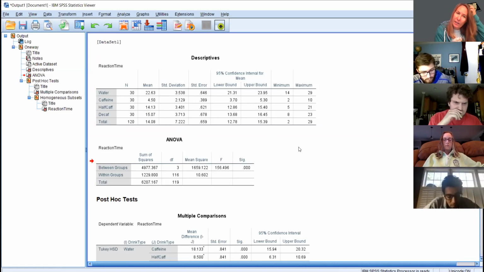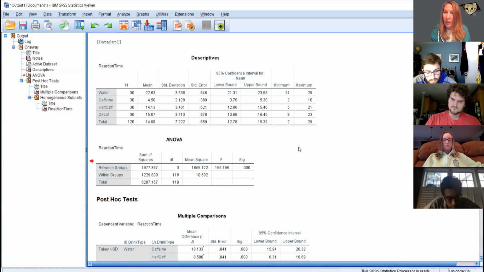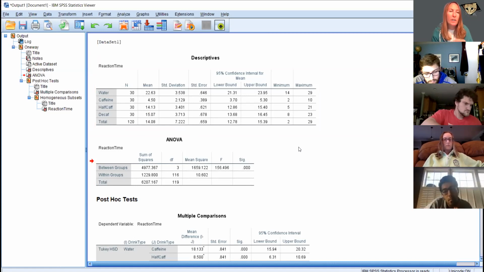So that is telling us that on average, the people in our study that had caffeine, their reaction time was a 4. So that's really fast. That's significantly faster than all of the other ones. Water was a 22, which was significantly slower than all of the other groups. Half calf and decaf were similar, yet faster than water, slower than caffeine.